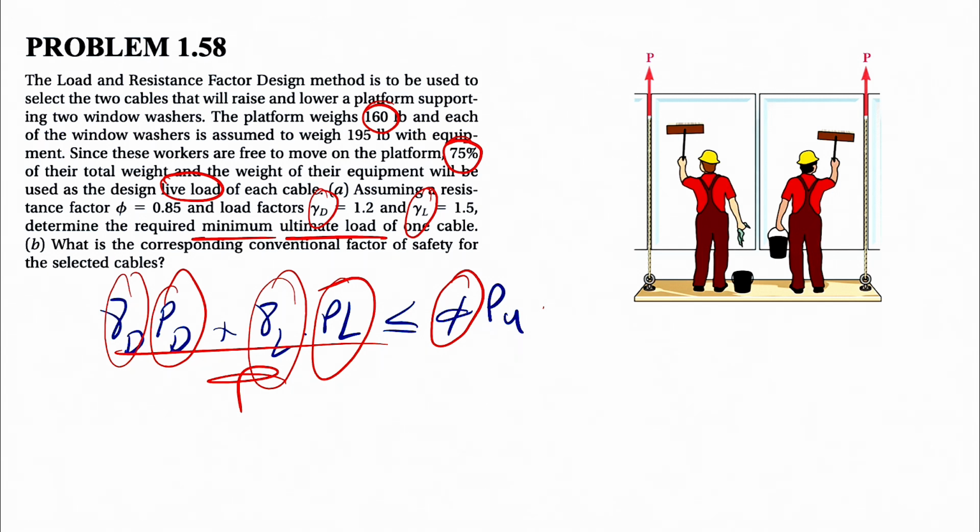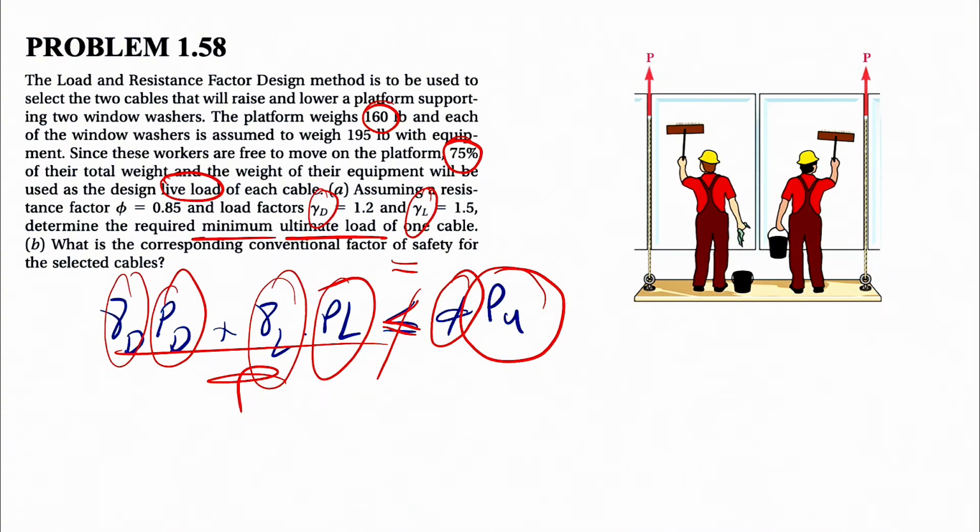The reason it's asking for minimum is that if we just bring the phi to the other side of the inequality, we can see that there will be a minimum for our ultimate force because it's equal or greater than what we have on the left side of the inequality. Which means we can change this to equal because we are looking for the minimum.